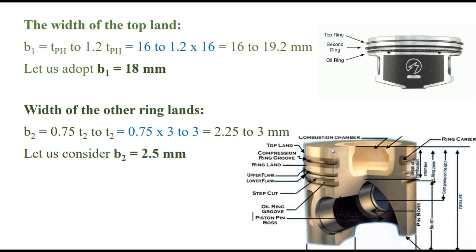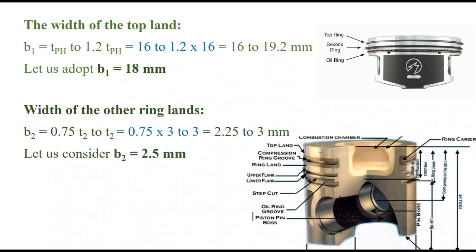So that means the top land has a maximum value, 18 millimeter, and the other ring lands have small values, because combustion takes place on the top. So there will be lots of heat in the top portion.